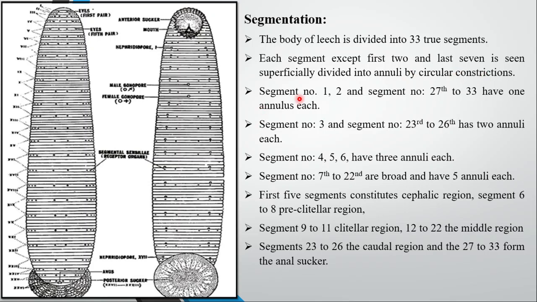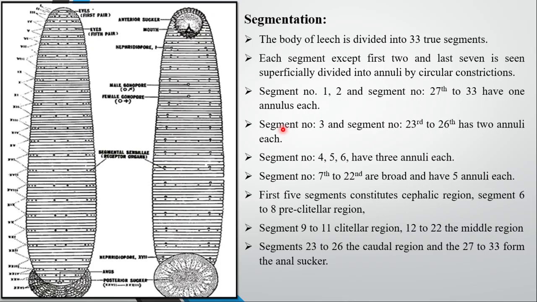Now see here, segment numbers 1 and 2 and segment numbers 27 to 33 have one annulus each. Now you understood segment numbers 1 and 2. Similarly, segment numbers 27 to 33 have one annulus each.